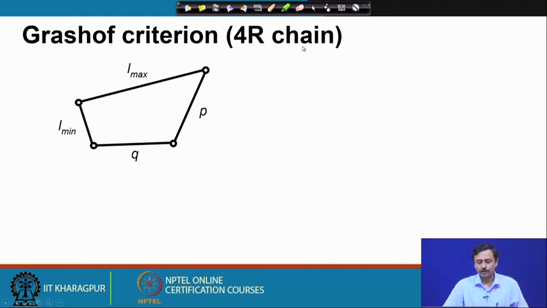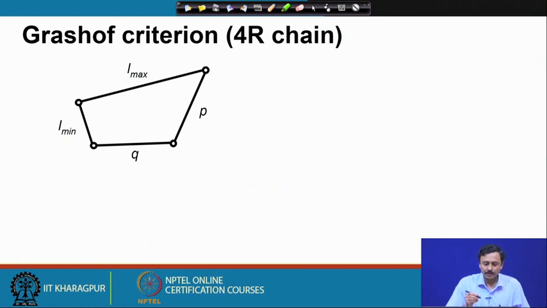Now, let us come to what is known as the Grashof criterion. This is possibly the most elegant result in all of kinematics. For a 4R chain, let us start with this 4R chain which is quite common.